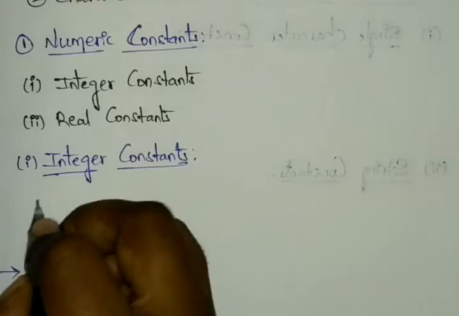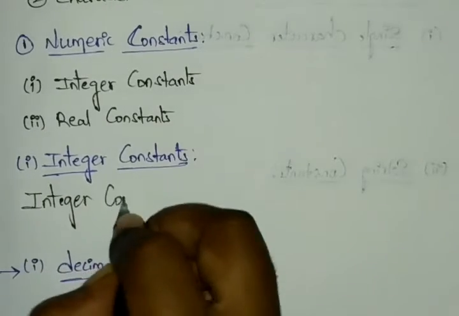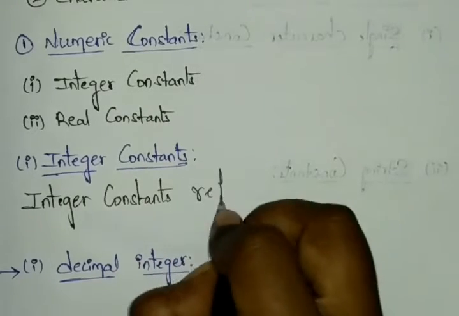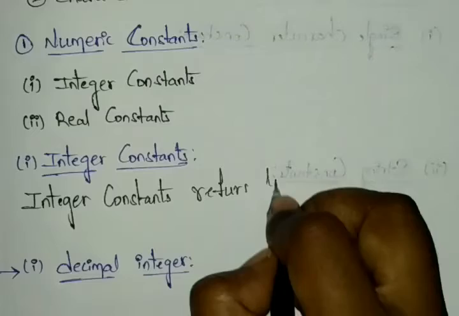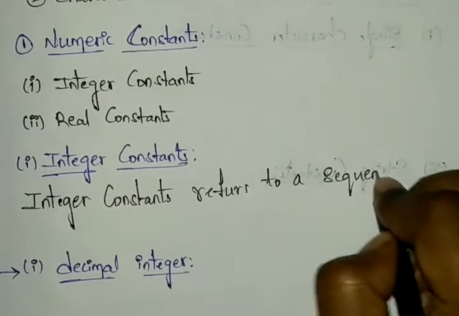Integer constants refer to a sequence of digits.